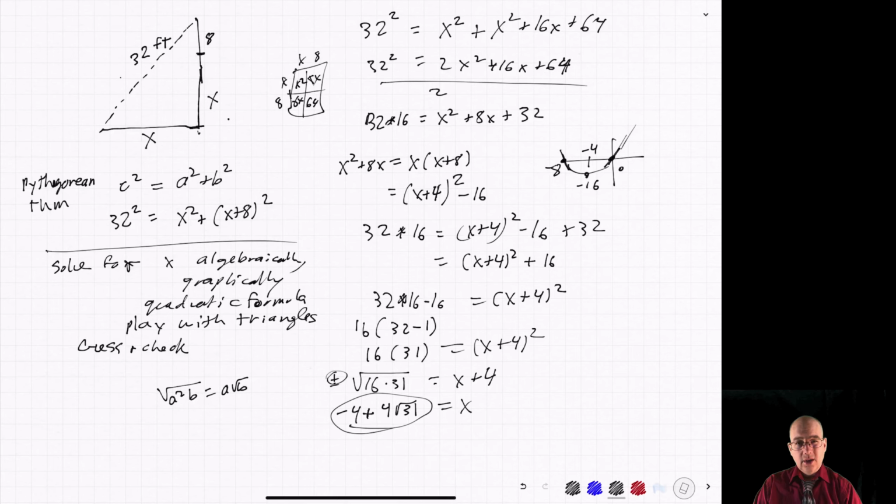Okay, and now what approximately is that? So this is 4 times minus 1 plus square root of 31. And what's the square root of 31? Well, 31 is halfway between 25 and 36, basically, right?